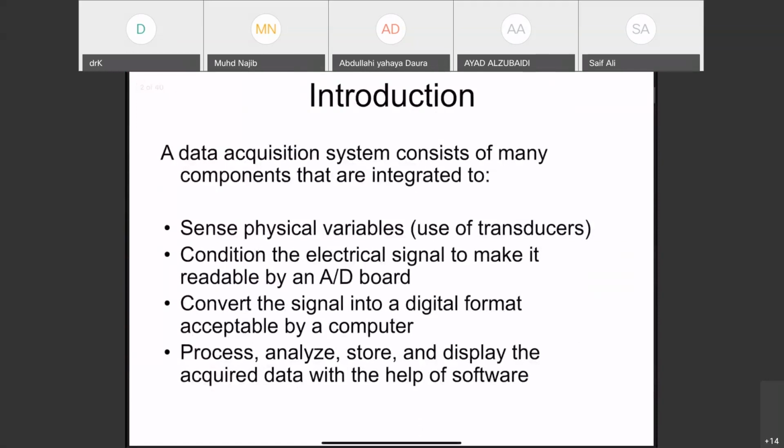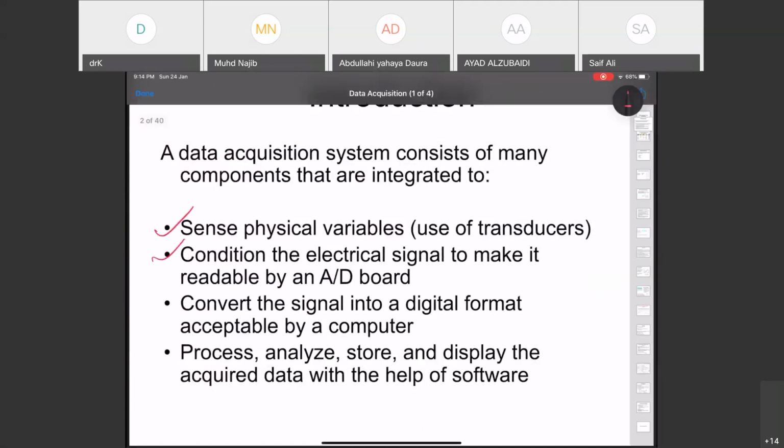They say here that an acquisition system consists of many integrated components. If you look at the data acquisition system, you have 1, 2, 3, 4 points, which still map to the previous block that we talked about.